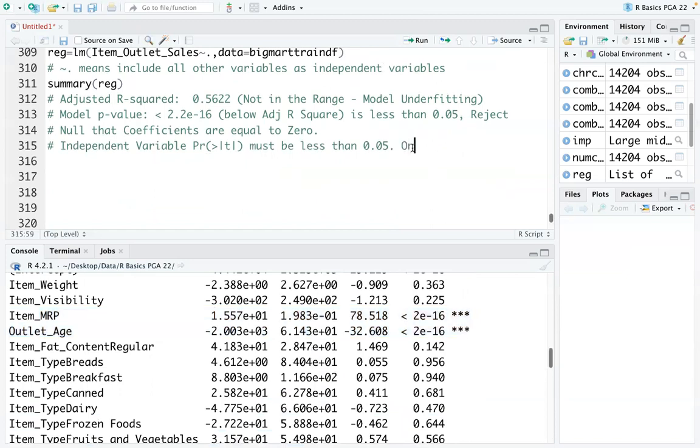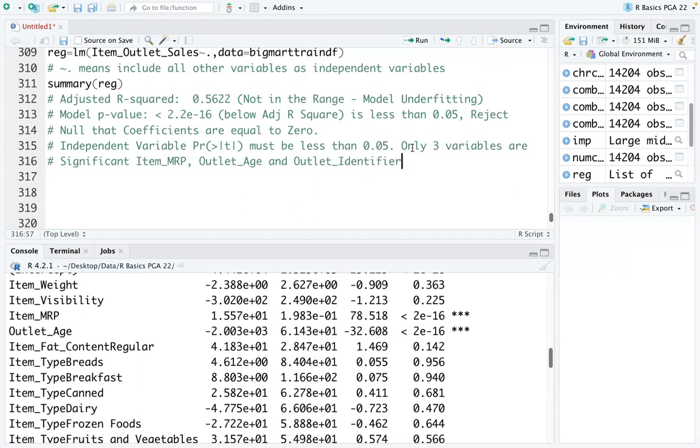Only 3 variables are significant, which are item_MRP, outlet_age, and outlet_identifier.